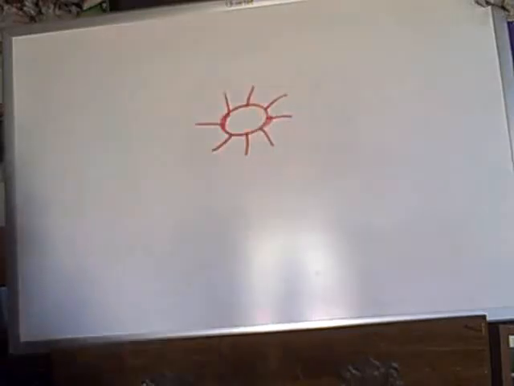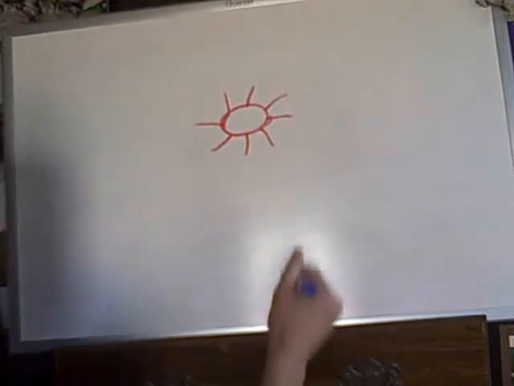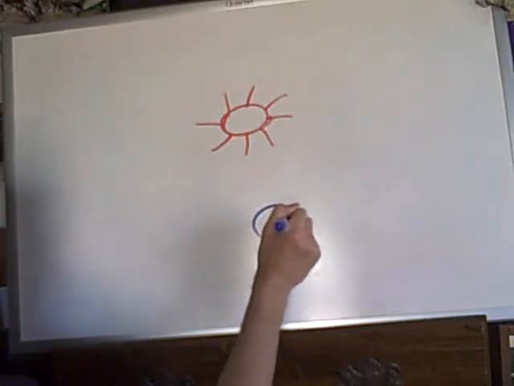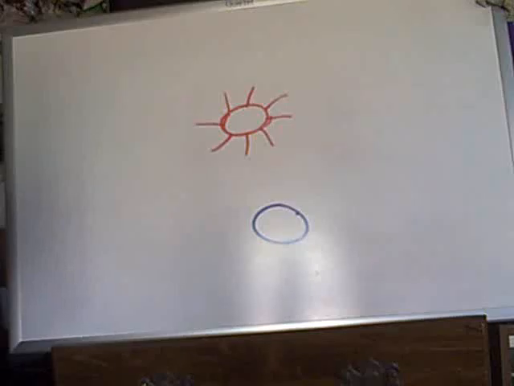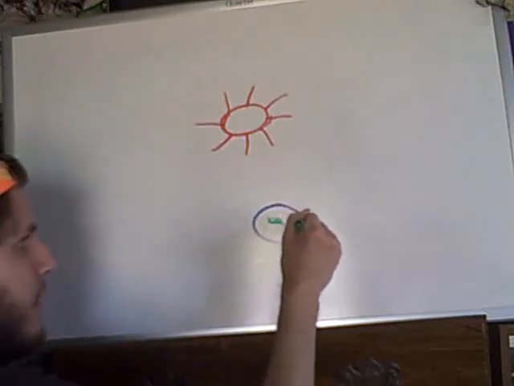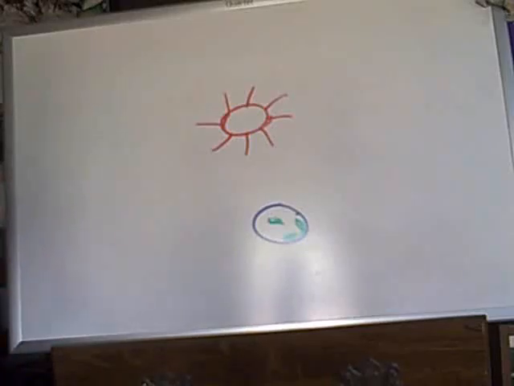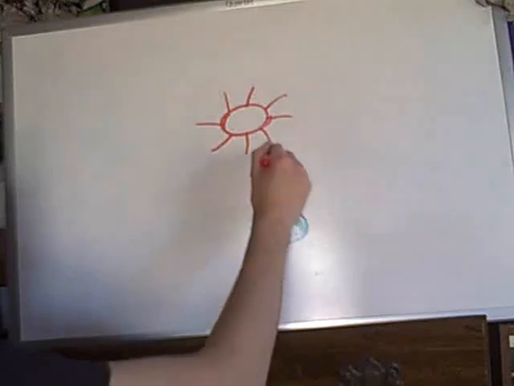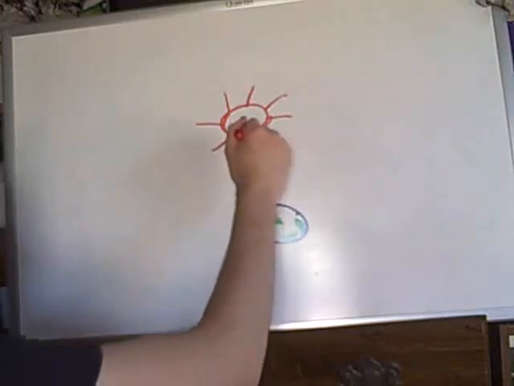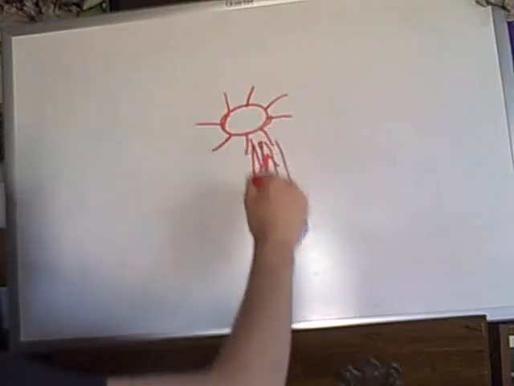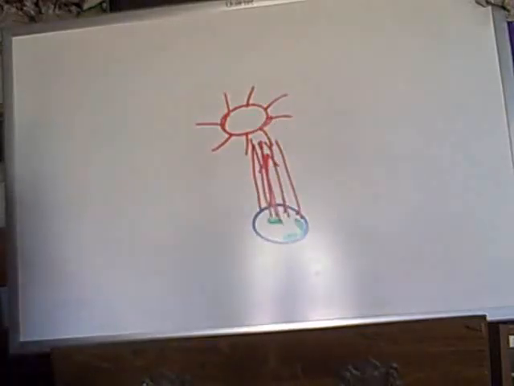How does the sun produce daytime and nighttime for us here on the earth? Well, when we are facing toward the sun, light hits our side of the world.